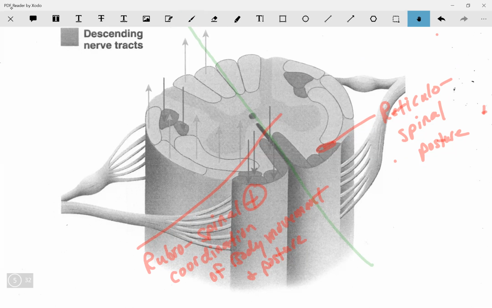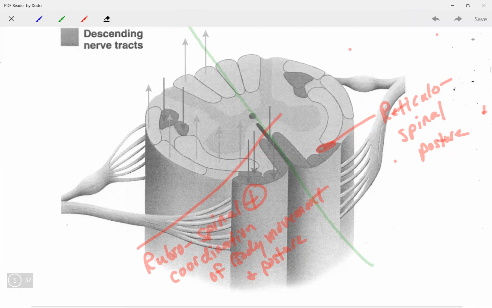Okay, I'm going to change the color, just to do less erasing. All right, so this one here. So that's a tract. That's a descending tract.